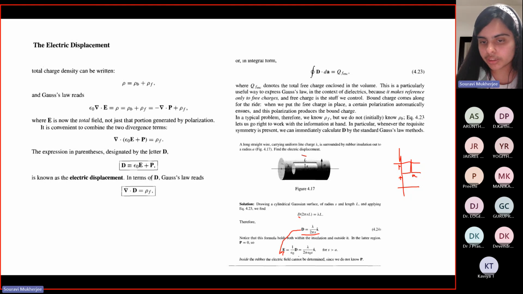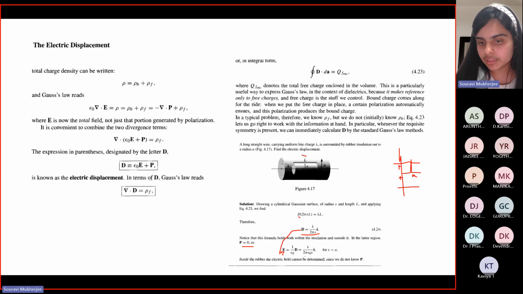So you can use the relation E is equal to D by epsilon naught, considering P to be 0. That is what happens in free space, or in any media where the polarization is 0. And then you can use the same relation to find the electric field at a particular point.